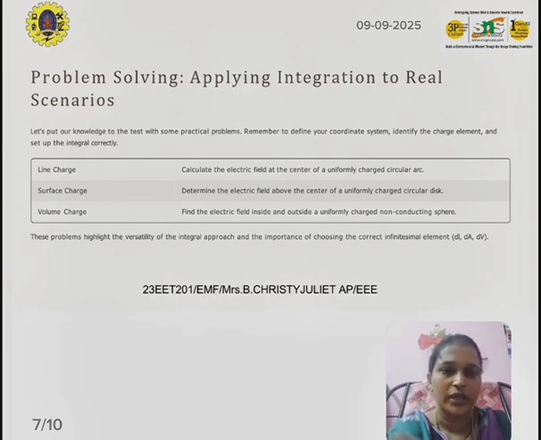This is one real case scenario, and you can consider another scenario wherein we want to determine the electric field of a uniformly charged circular area. You can consider any circular disc for which you are going to calculate the electric field, or you can have a test case of calculating the electric field between the plates of a parallel plate capacitor.